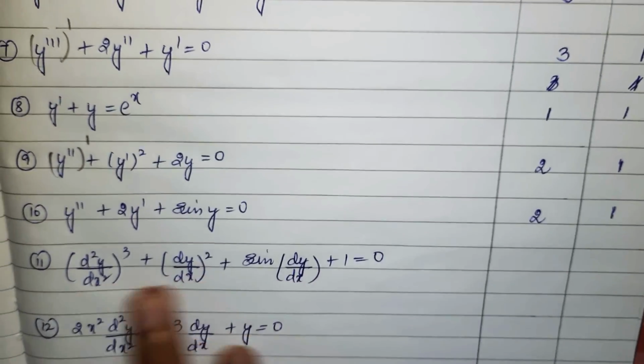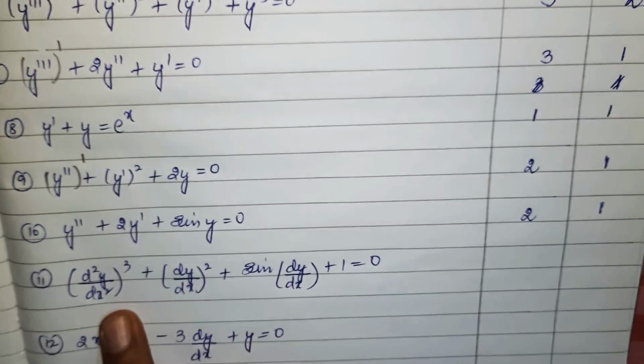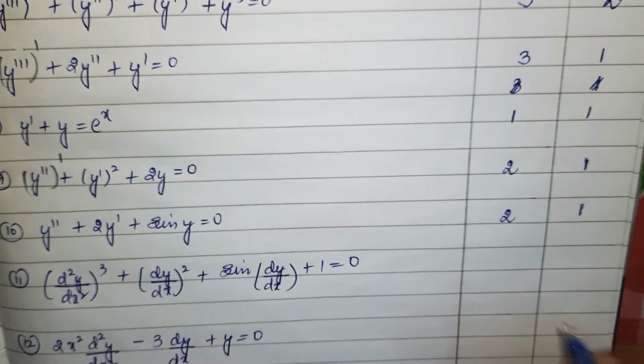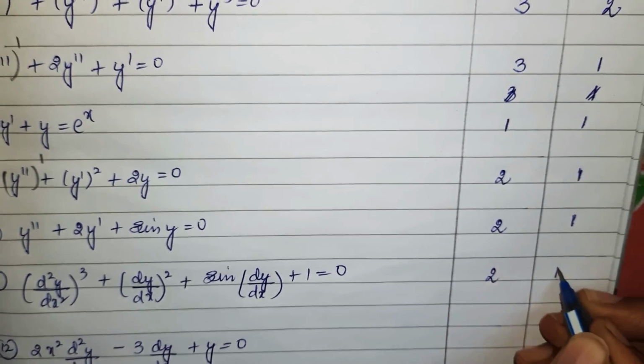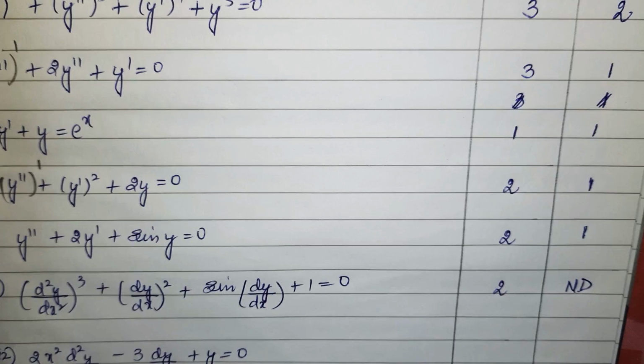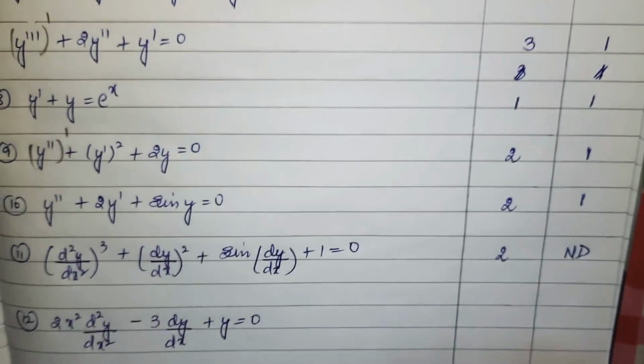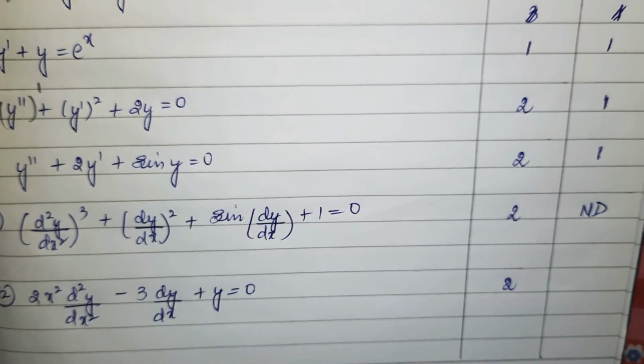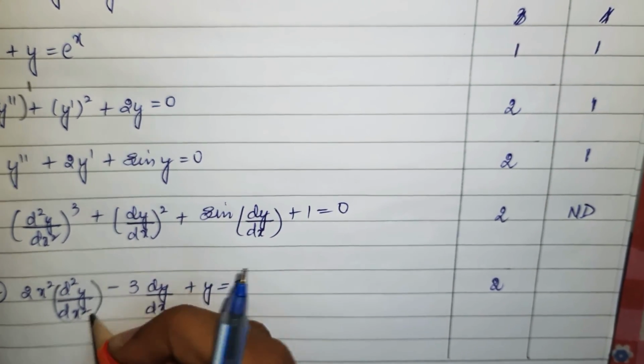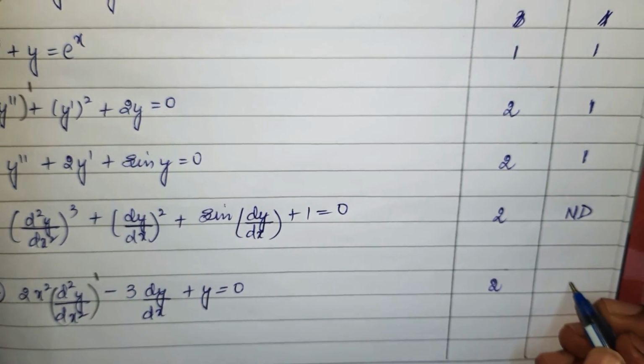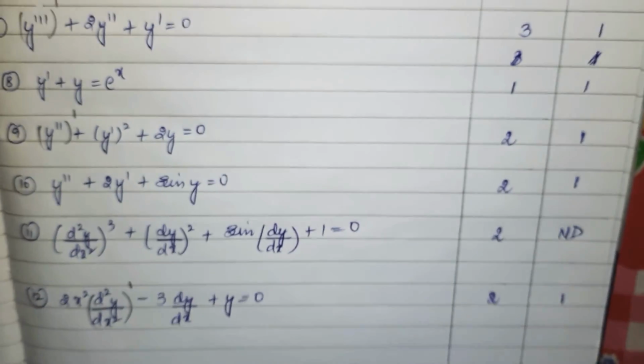Look at this. This is not a polynomial equation. So you need to check only order. Order is 2, degree not defined. And if I talk about this, order is 2. And if I talk about degree, it is 1. So this is your exercise 9.1.